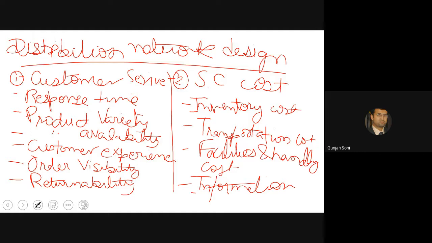So these are basic variables, and the interplay of these variables will govern how my distribution network will be designed.